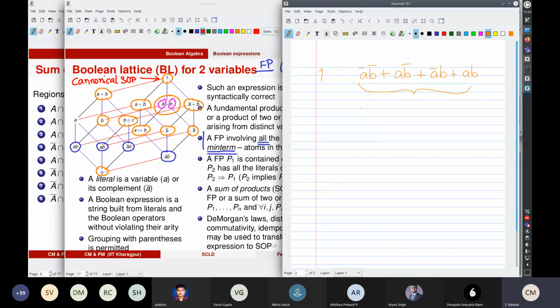So your canonical, I'm just calling it CSOP. The size of CSOP is maybe exponential, in the number of variables.